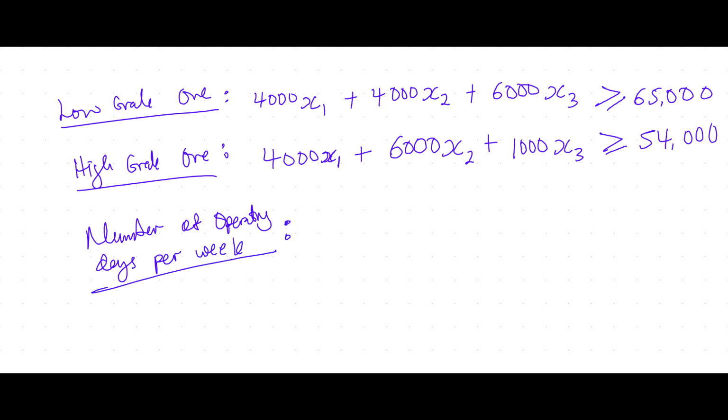So the number of operating days per week, we have X1 cannot be more than 7 days because we have 7 days in a week. All right. X2 can also, let me do a vertical.